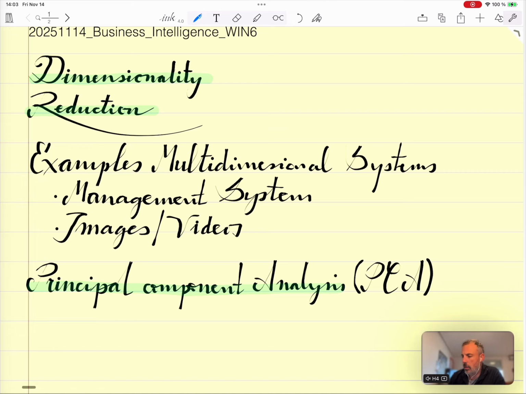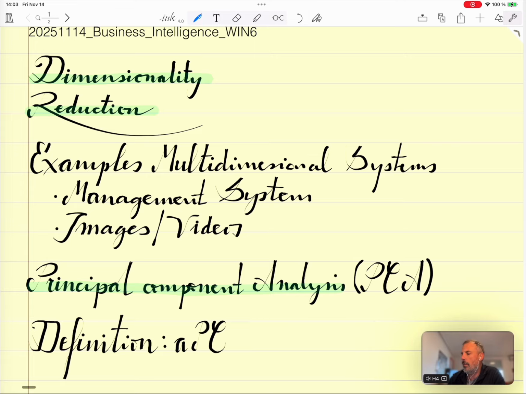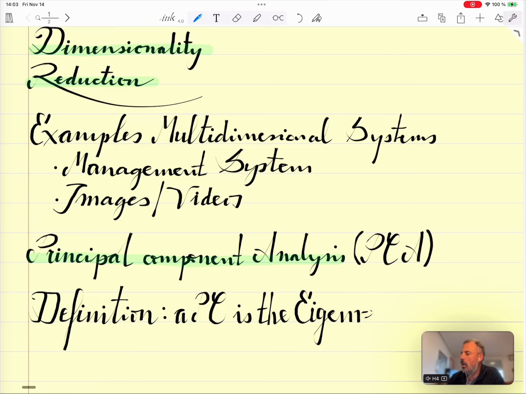The definition of the principal component, PC, I write just PC, is the eigenvector of the covariance matrix.